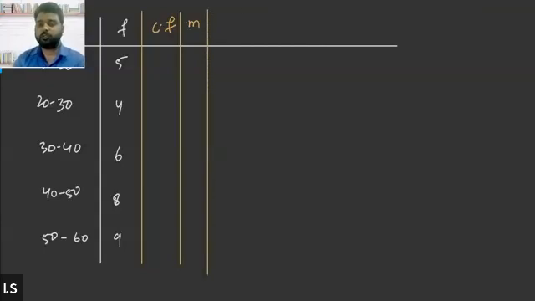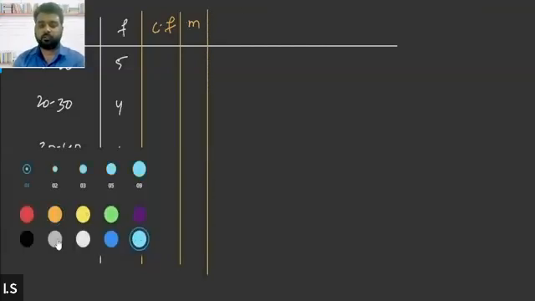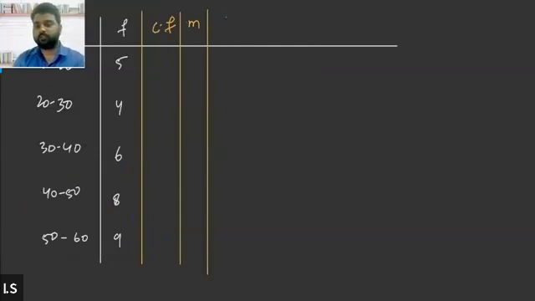Because we need to calculate the deviation dx, and since the question is in the class interval format, we do not have the x this time, we have the class intervals.